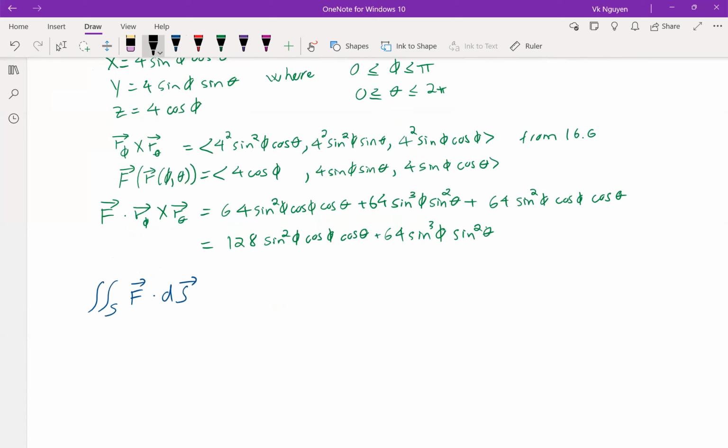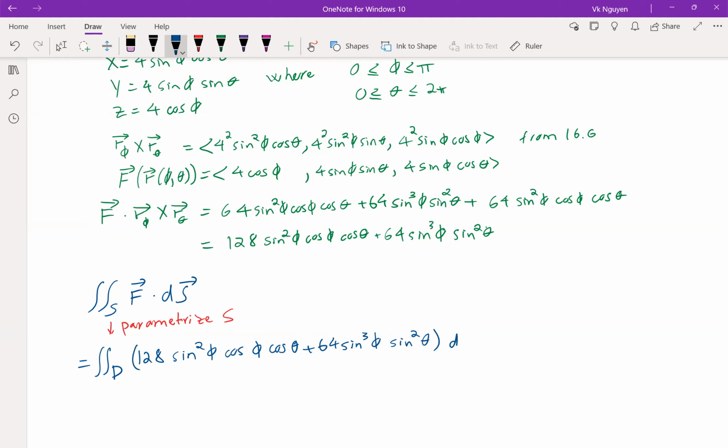Okay, so here we just parameterize S. And so we have this to be a double integral over the region D of 128 sine squared phi cosine phi cosine theta plus 64 sine to the power 3 phi sine squared theta dA.